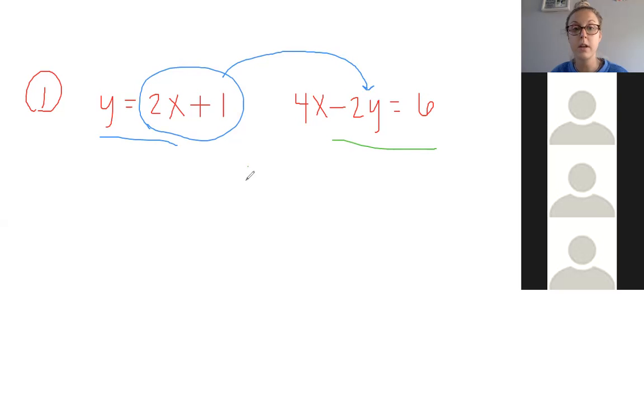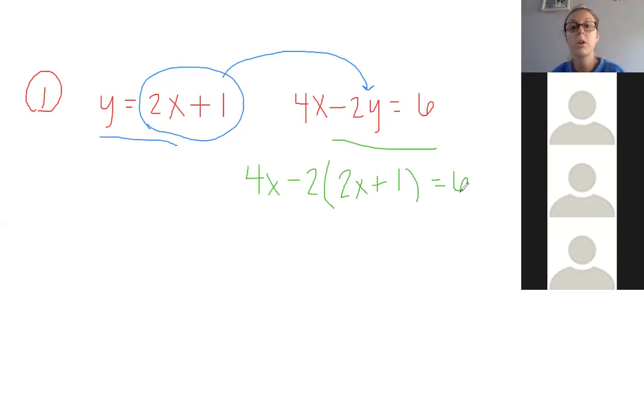Once I do that, I'm going to get 4x minus 2 and instead of a y, I'm putting in 2x plus 1. Remember from middle school and from Math 1, whenever you put something in, you need to put it in parentheses, okay? From here, what do I do?